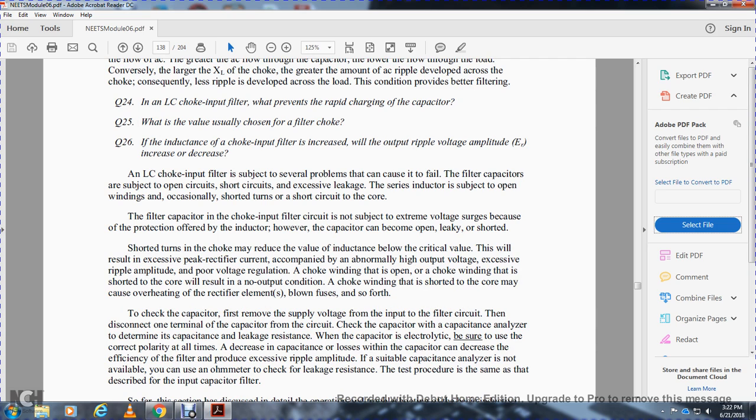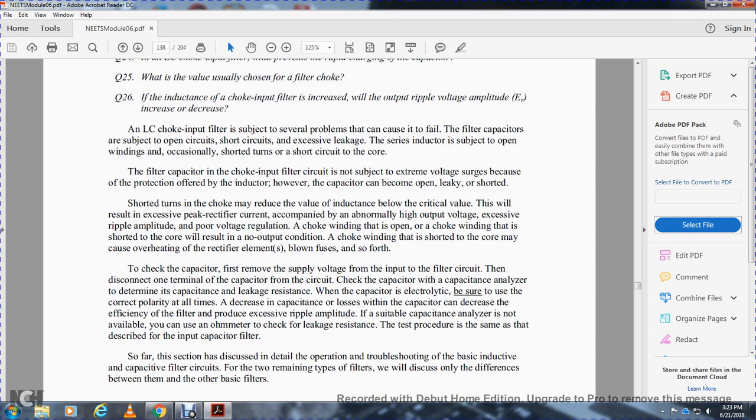An inductor capacitor choke input filter. Several problems can occur with failed filter components, such as open circuits and short circuits. The series inductor can show open windings. An occasional short circuit can occur to the core. The choke input filter circuit is not subject to extreme voltage shorts because of the protection offered by the inductor. The capacitor can become leaky or shorted.